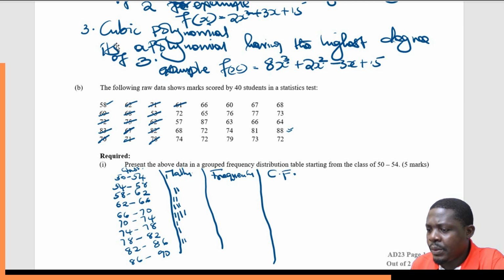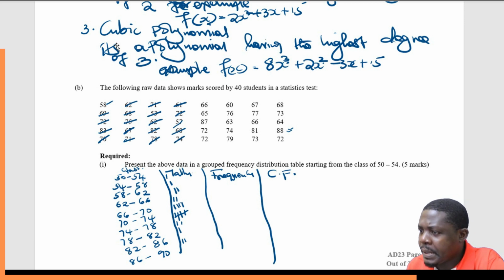72 is here. I close this one. 57 somewhere there. 68 is somewhere here. 74. 66.